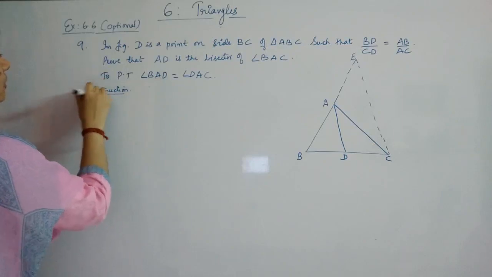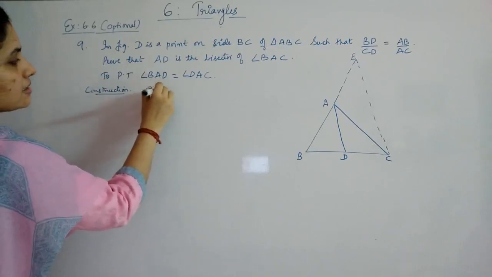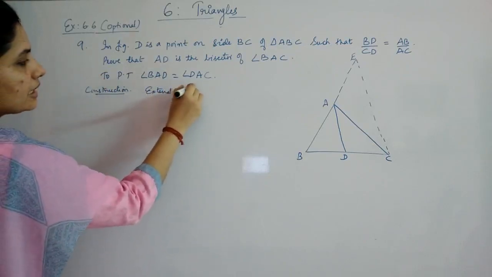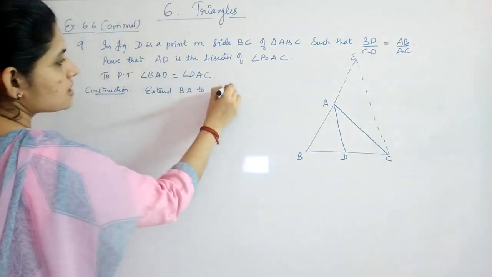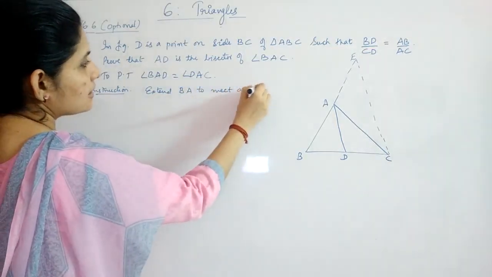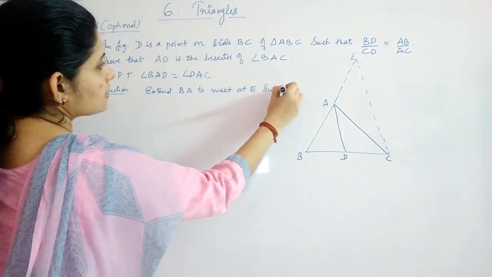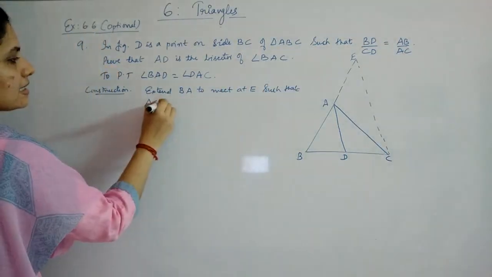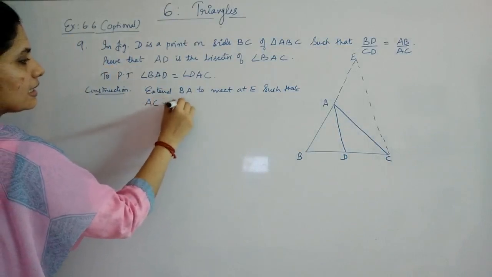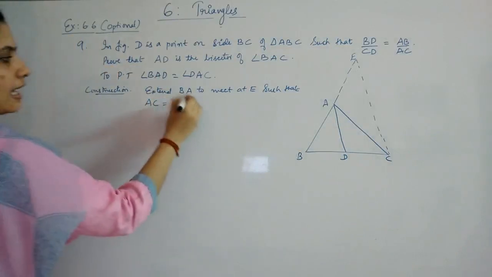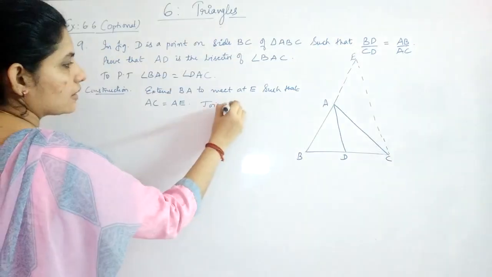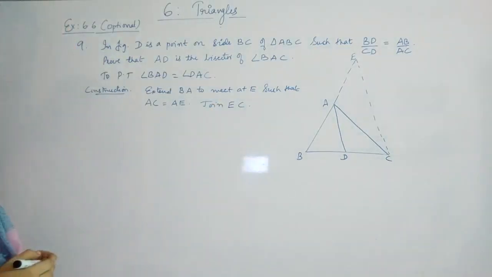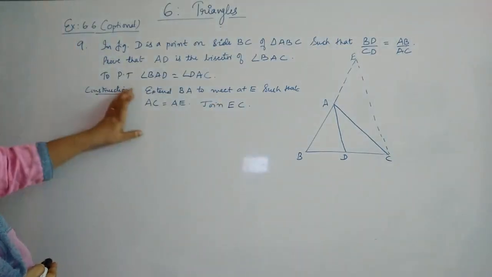Extend BA to meet at E such that AC is equal to AE, and then join E and C. Okay, this much you have constructed.